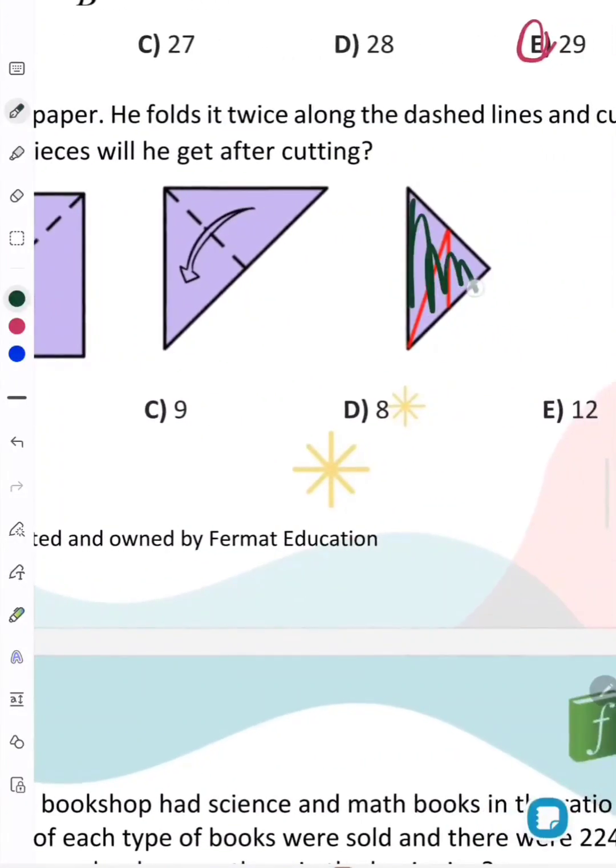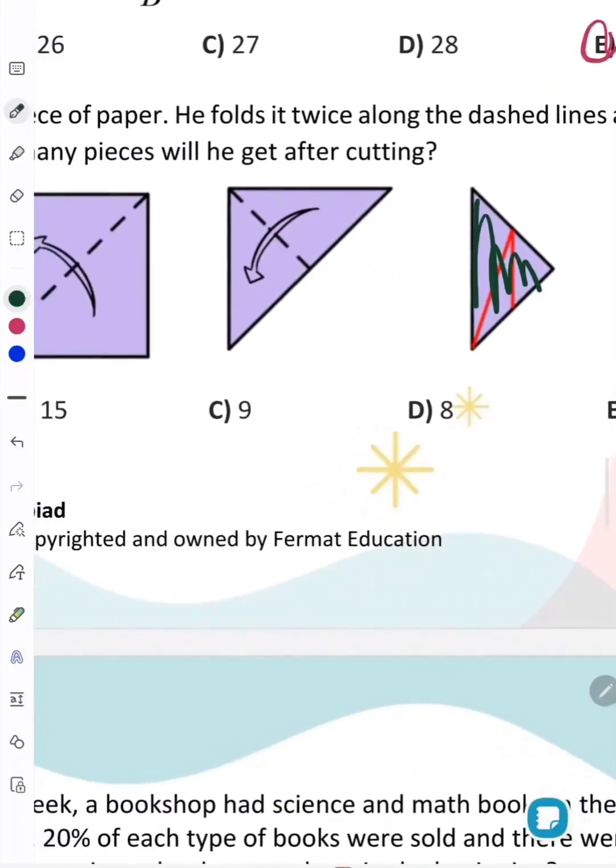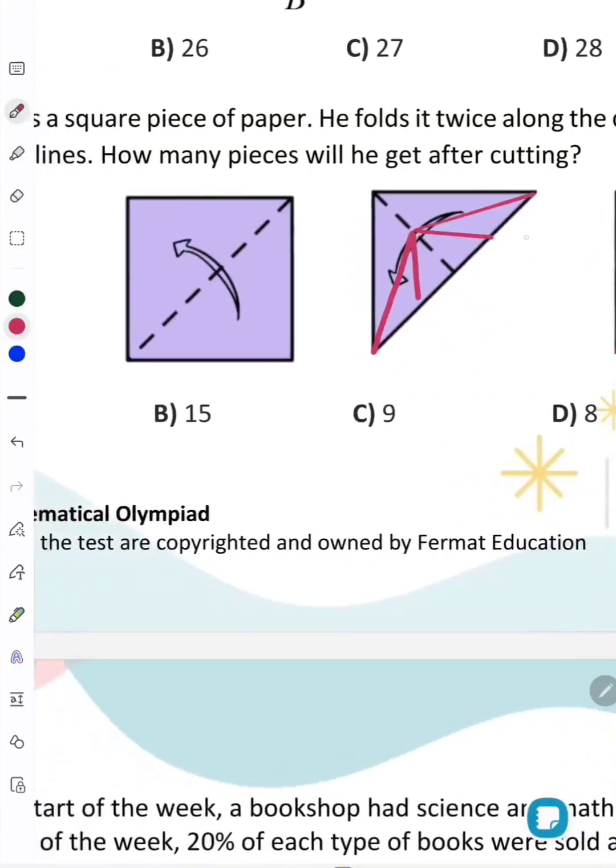So now this part coincides with this part. Okay, so let's reflect it here. Red lines, we have such kind of lines. If we reflect it along this line, we will get another part. So now this picture is the same as this part.